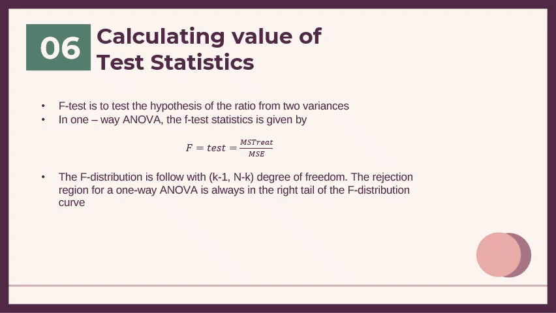Since this is an F-test, the decision depends on the region between the F-test value and the F value in the statistic table. That is how we determine whether we reject H0 or fail to reject H0.